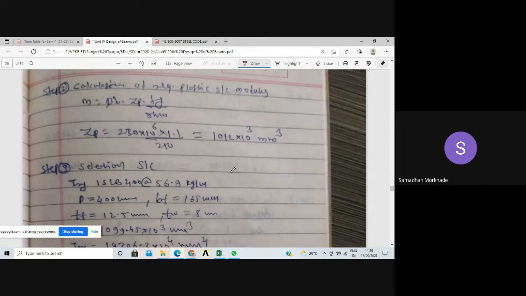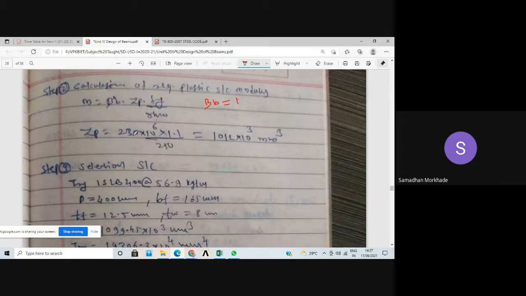Based on that plastic section modulus, we are going to select the section. Here, assume that the section is plastic or compact, therefore beta B is 1.